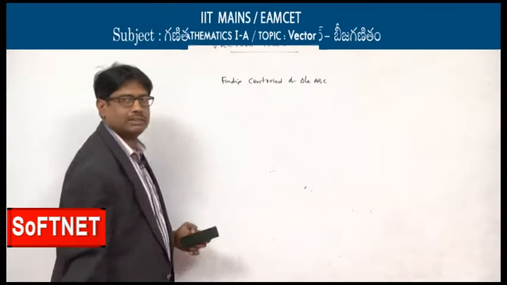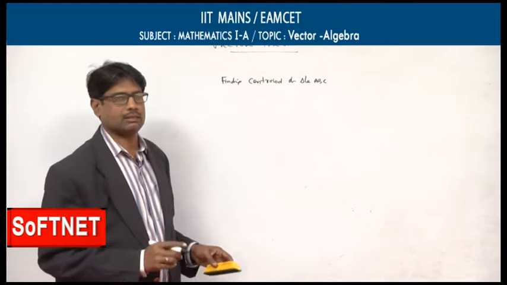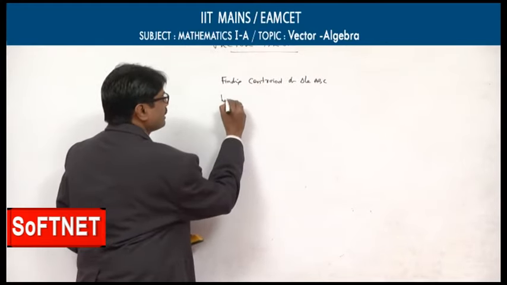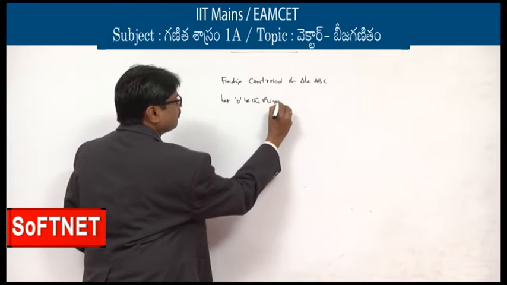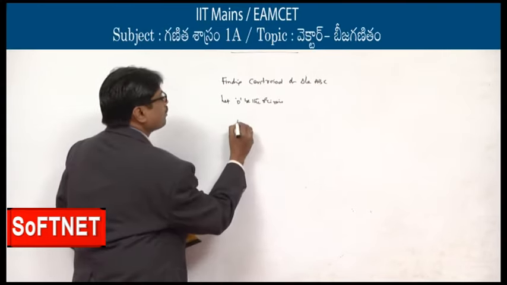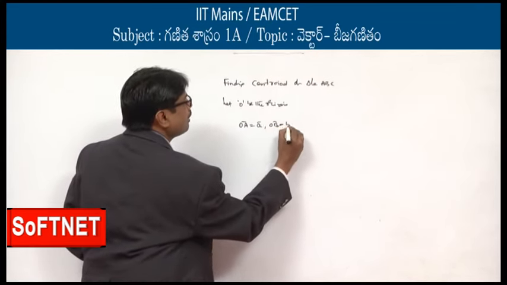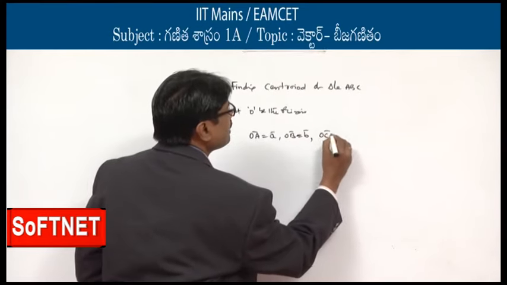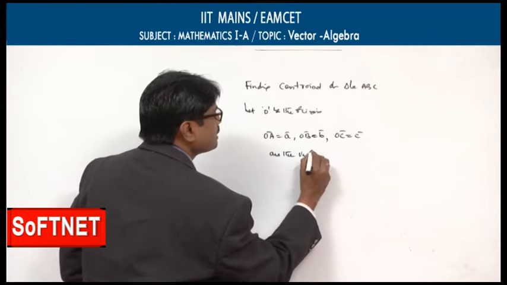Finding the centroid of the triangle ABC. To find the centroid of the triangle, let O be the origin. OA bar is equal to A bar, OB bar is equal to B bar, OC bar is equal to C bar, the vertices of a triangle ABC.